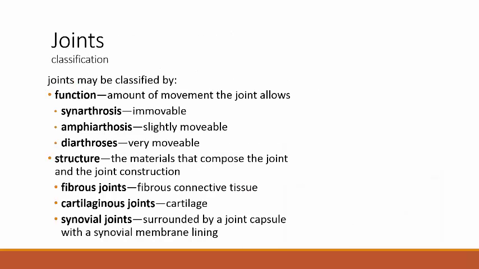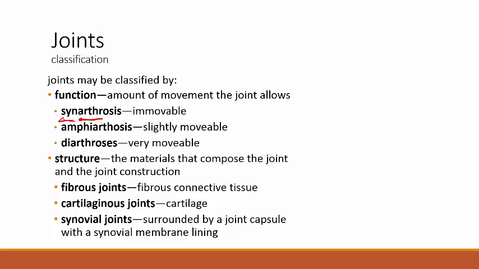So when we think about joints, we can group them in two different ways. We can classify them based on their function, looking at primarily how much movement the joint allows. And there are three functional classifications. There's a synarthrosis, and arthr, by the way, that root word means joint, and syn would be together.